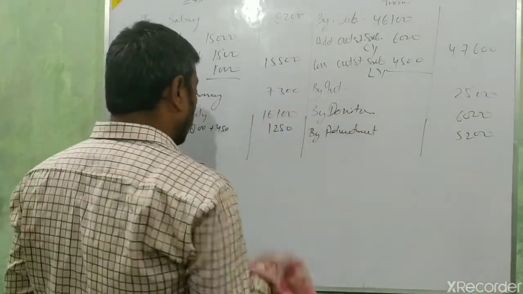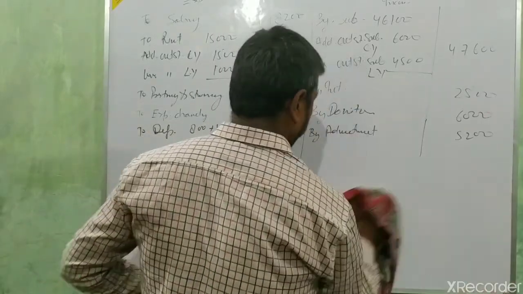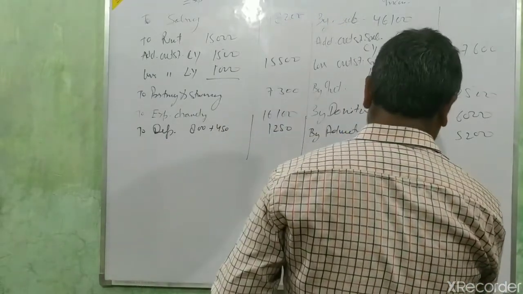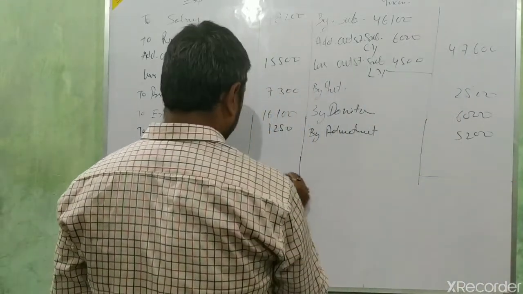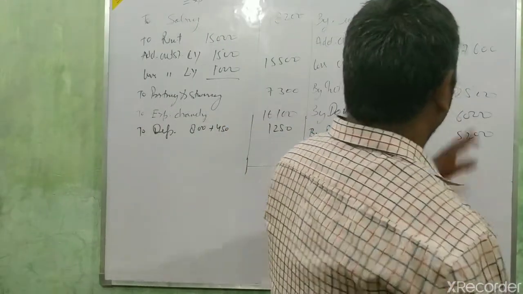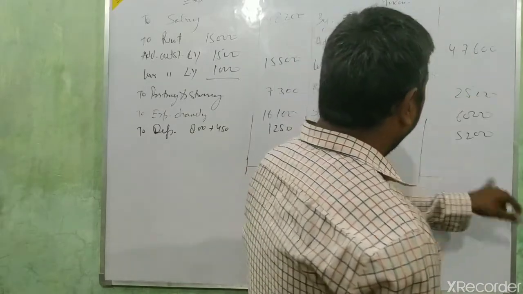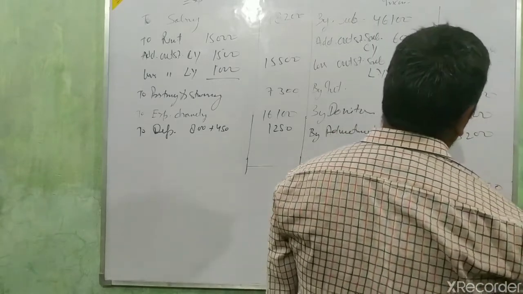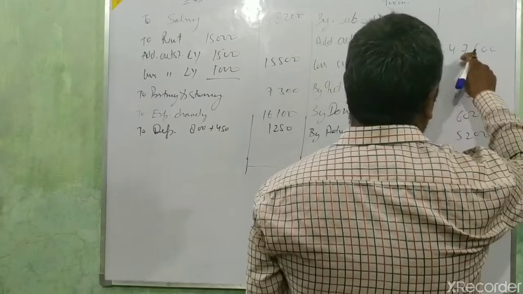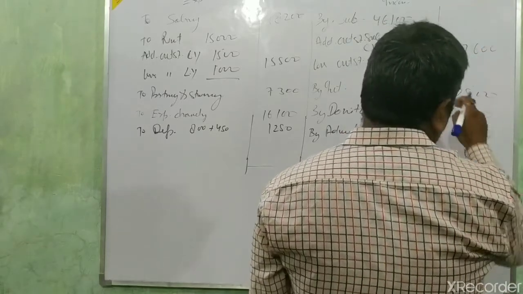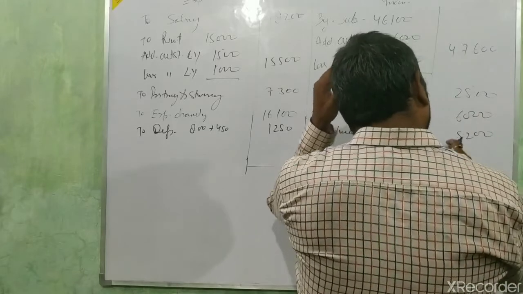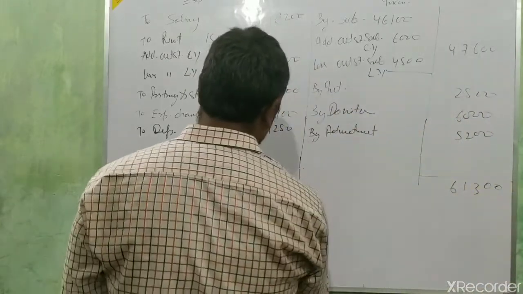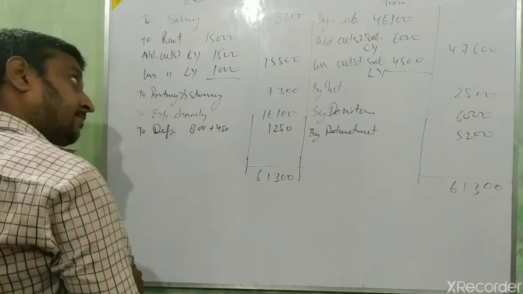Now we are going to add all this. Just add this side and then this side. This side 47,000, 2,500, then 0, 0, 11 to 3, remain 1, 7, 3, 10, 16, 5, 1, 21, 61,300, less from here.